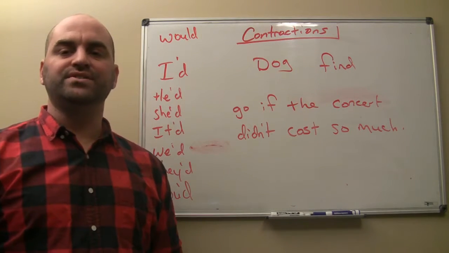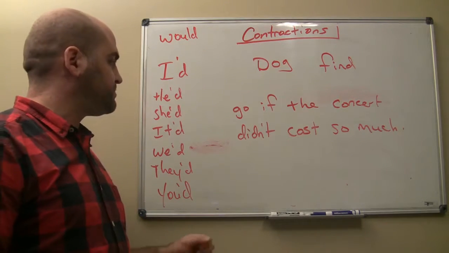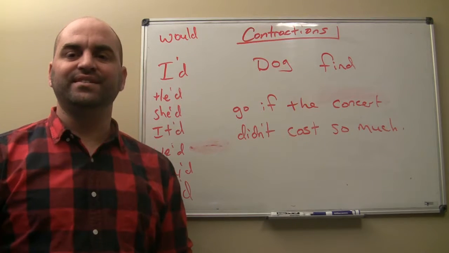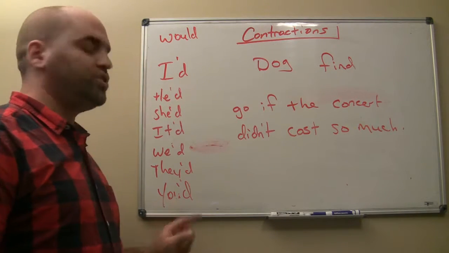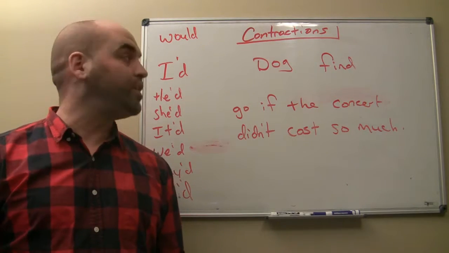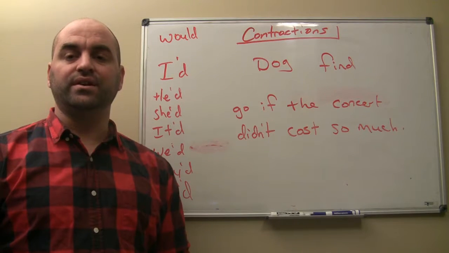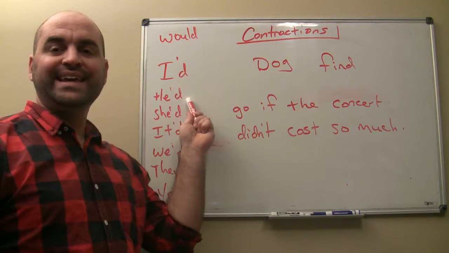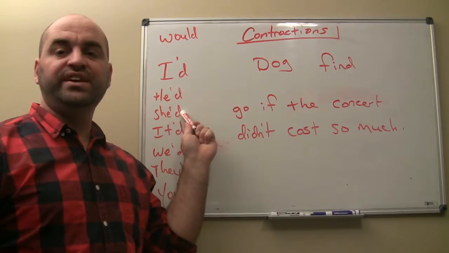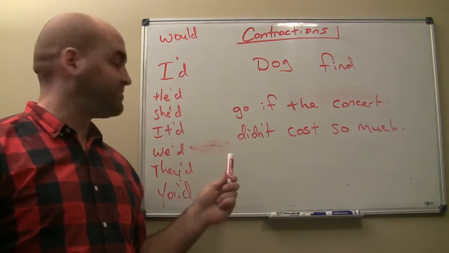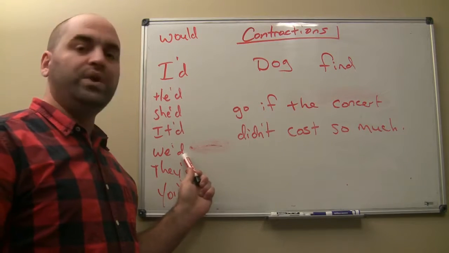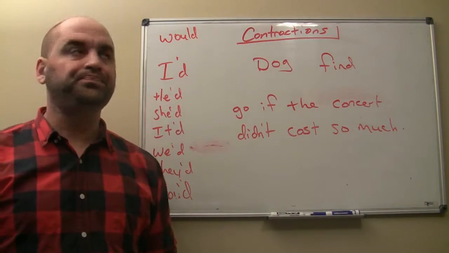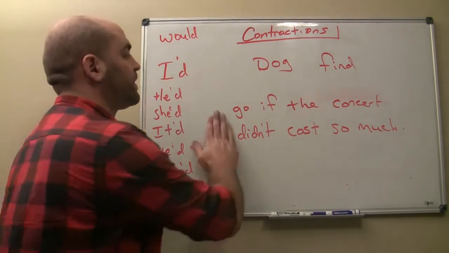We'd go if the concert didn't cost so much. They'd go if the concert didn't cost so much. You'd go if the concert didn't cost so much. I'd, he'd, she'd, it'd, we'd, they'd, and you'd. Okay.